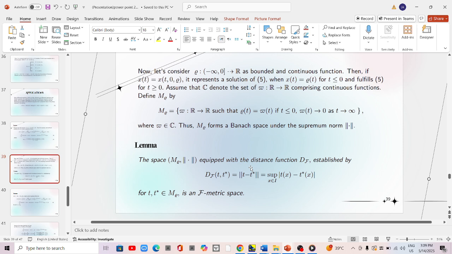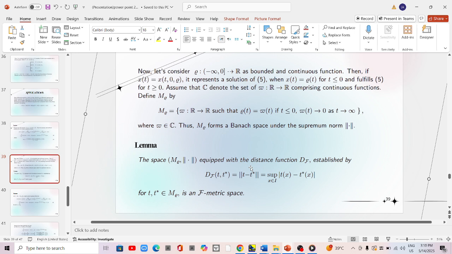So in this slide, basically we have three things. One, the set X we defined here as ME, which is the set of the continuous and bounded functions. And we need here the distance. We define the distance in the form of the supremum norm.